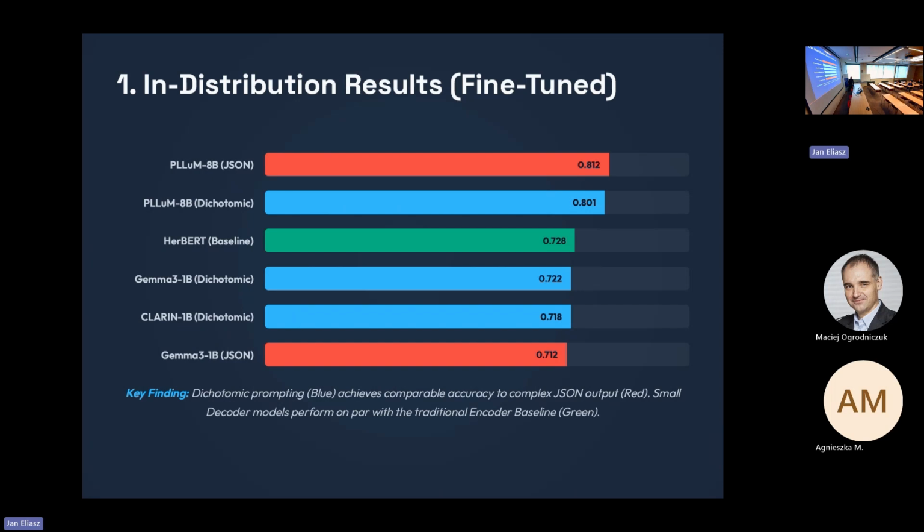So we can see that actually the results are very similar to each other, and we have no performance drop switching to our approach instead of using encoder-only models and the standard JSON structured output approach for decoder-only models.